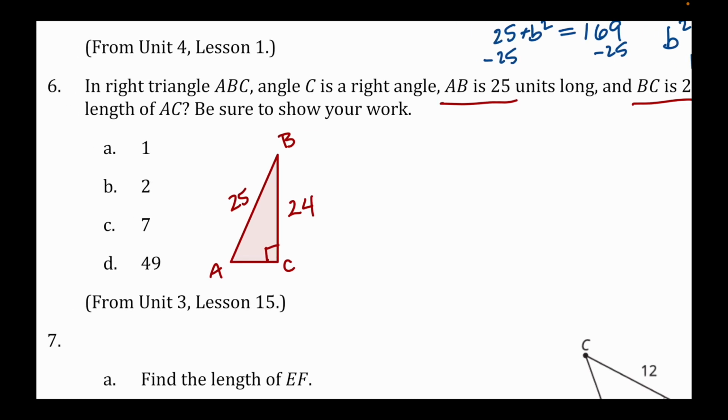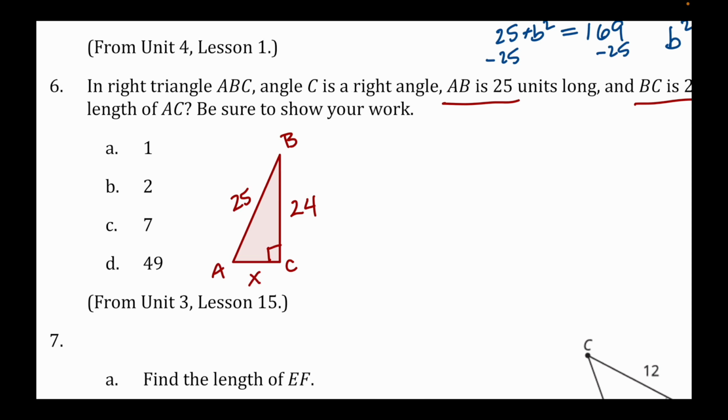Now we can do the Pythagorean theorem to come up with what our answers should be. If you don't recognize it, it is going to be a whole number, and I guess you will just have to work with me through this one to see what it's going to end up as. I'll just use x here. So x squared, x is one of the legs. So x squared plus 24 squared is going to equal 25 squared.